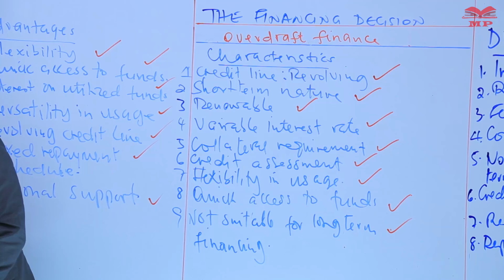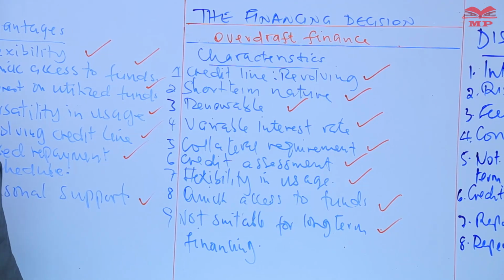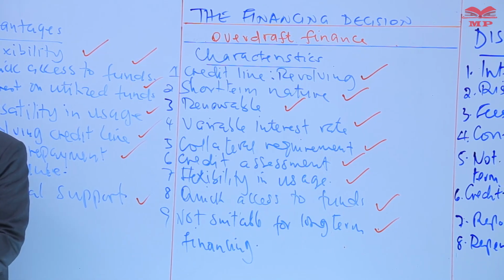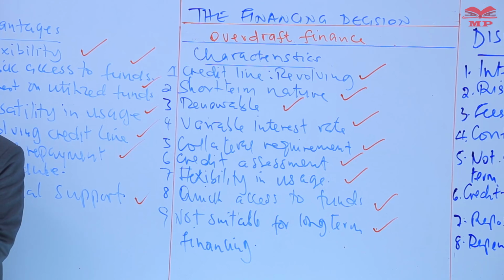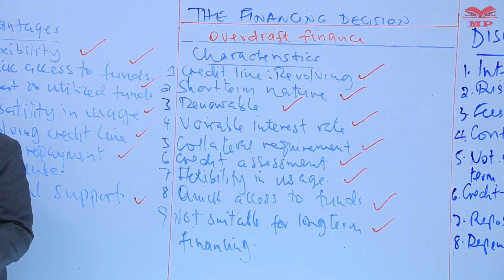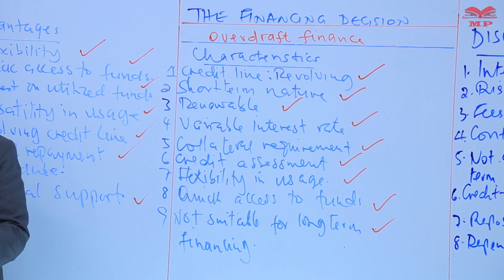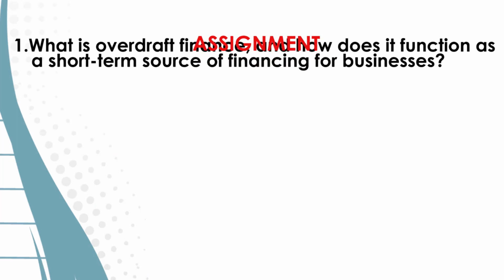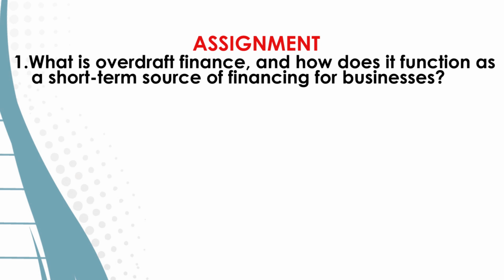But before we close the lesson, I will give you today's assignment on overdraft finance. Question number 1. What is overdraft finance and how does it function as a short-term source of financing for businesses?